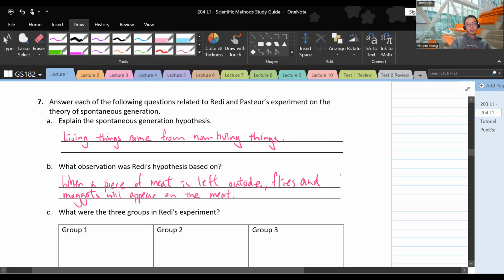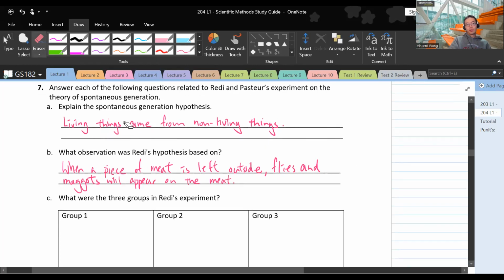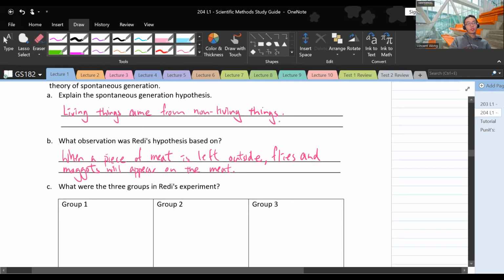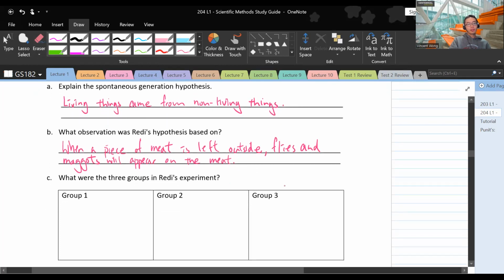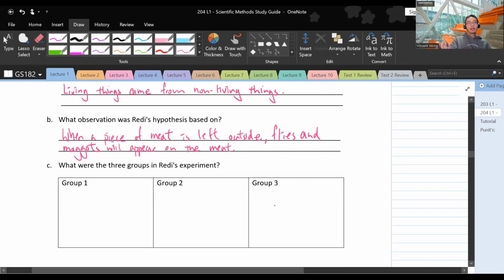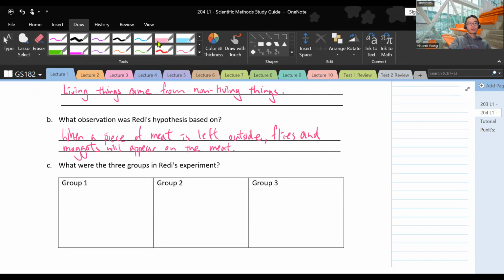That is what the theory of spontaneous generation was based on. So how did he do an experiment to test this?